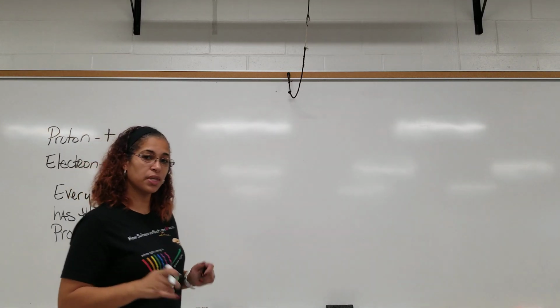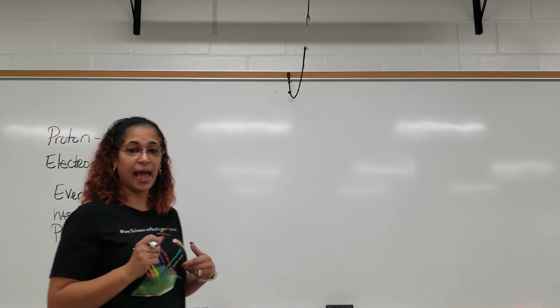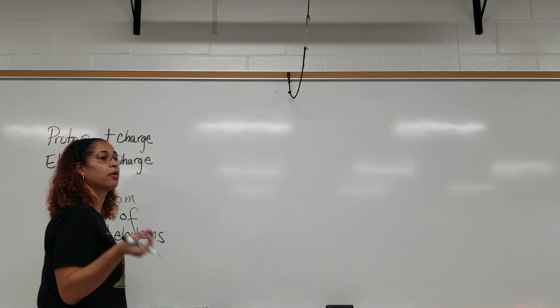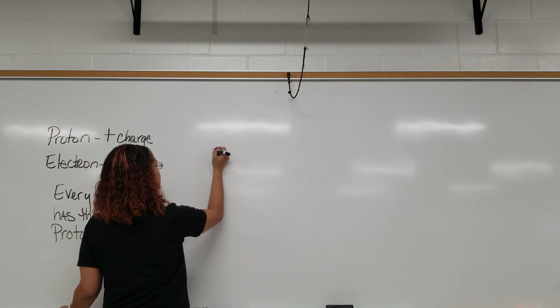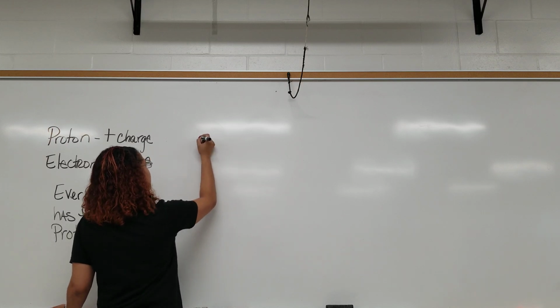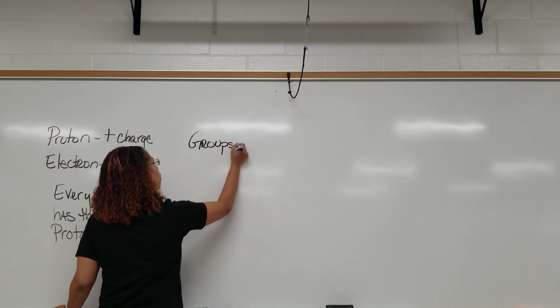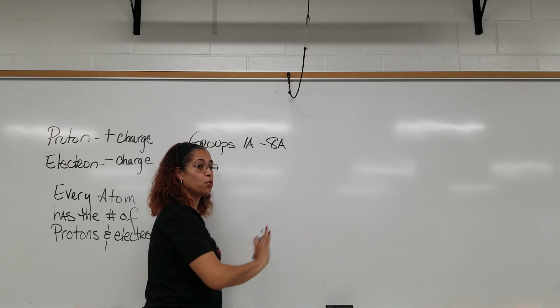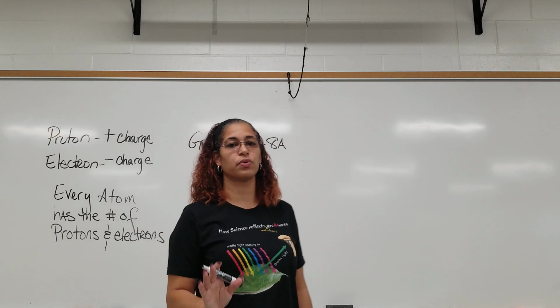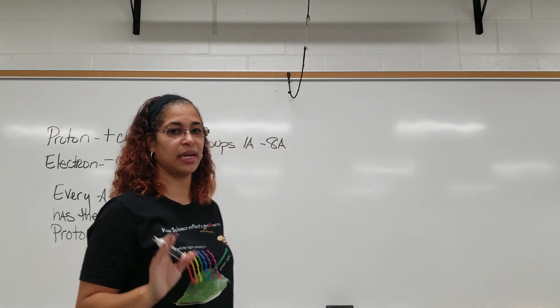Now, just to give you a little bit of a reference point, if you look at your book on page 35, you have a copy of your periodic table, and you'll notice that you have groups 1A to 8A. We are ignoring the transitional metals right now. We're just looking at groups 1A through 8A.